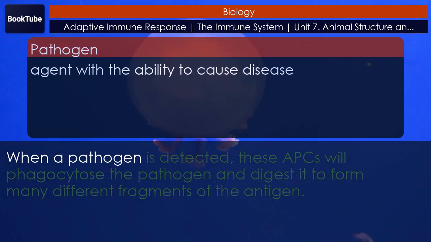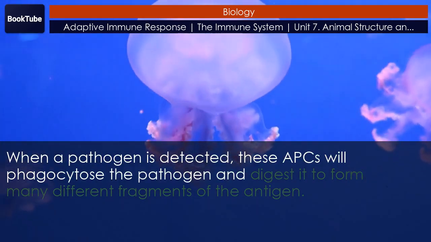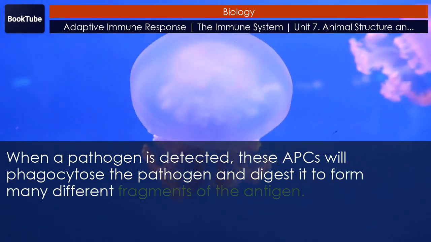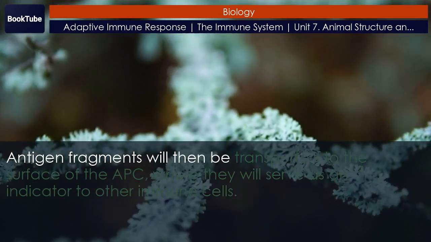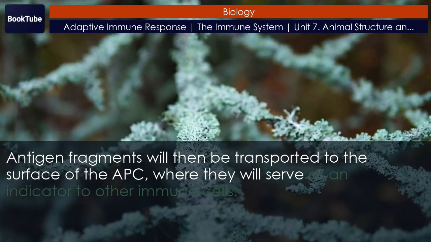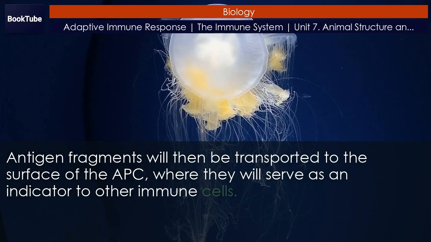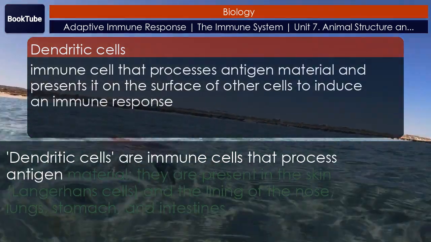When a pathogen is detected, these APCs will phagocytose the pathogen and digest it to form many different fragments of the antigen. Antigen fragments will then be transported to the surface of the APC, where they will serve as an indicator to other immune cells.